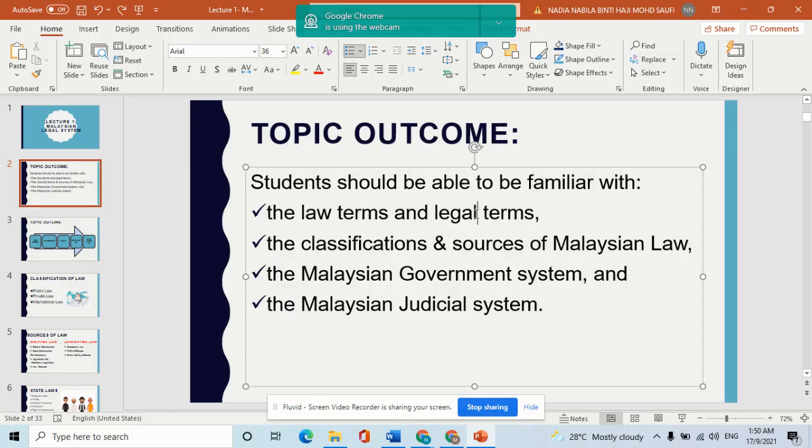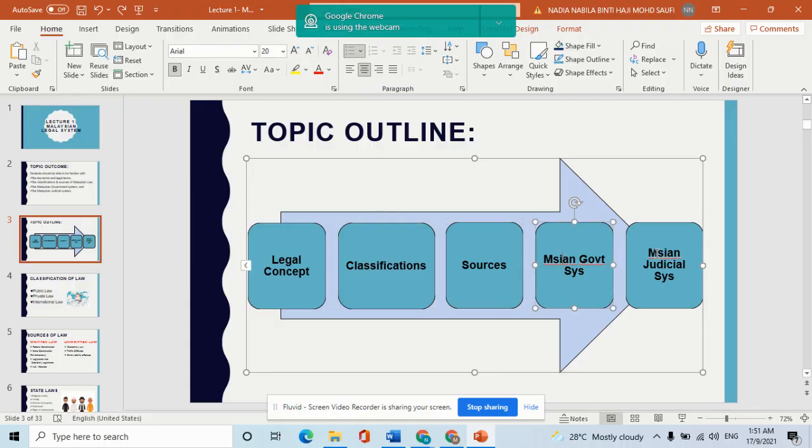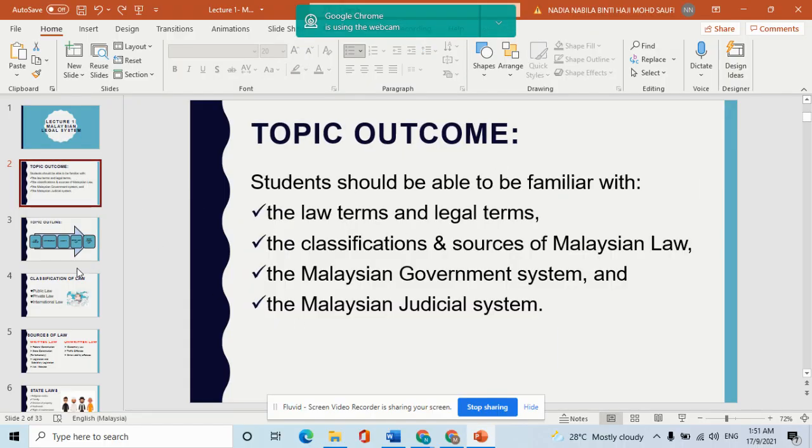So you need to understand the judicial system in Malaysia, what cases are governed under which court, and the suitability of certain cases to be brought forward to which court. Next, this is basically your topic outcome. It is actually a summary of what I've put down here.